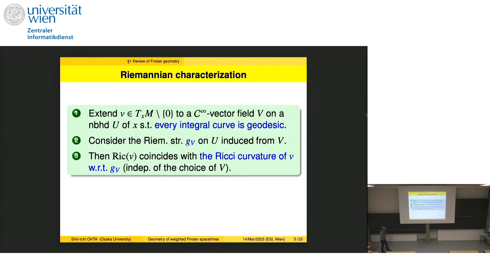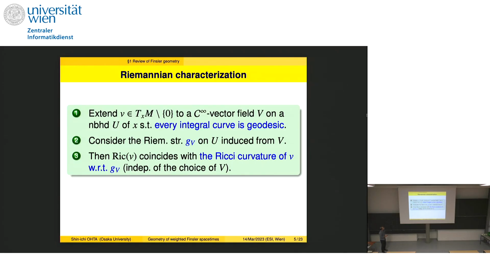And it turns out that the Finsler Ricci curvature, which is defined in a different way, using some connection, coincides with the Riemannian curvature coming from this Riemannian structure g_V. So this is a very useful characterization.